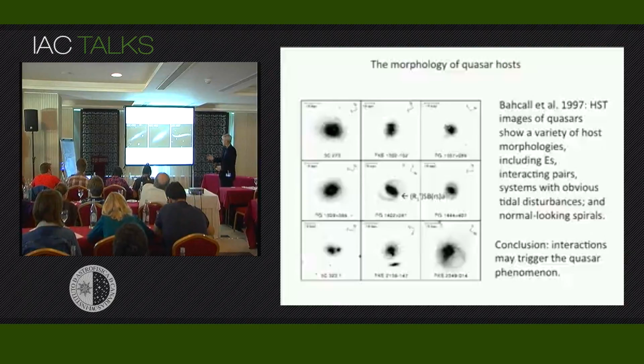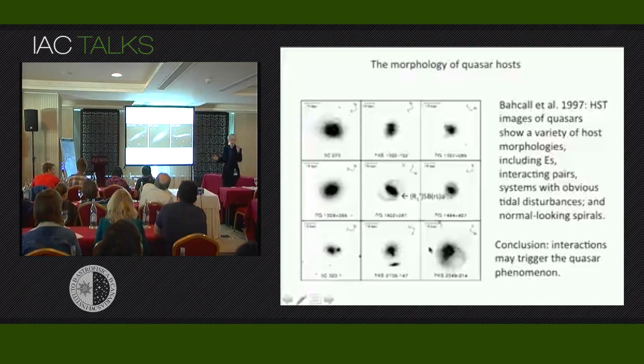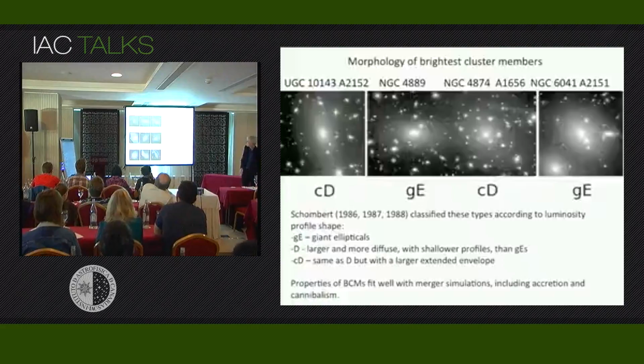It looks normal. I forgot the redshift. I mean, they're not nearby. But you also see evidence of ellipticals, like this one right here, and also evidence of interactions, like that one. And the general conclusion of this paper is that interactions may trigger the quasar phenomenon, but it's really amazing that we can see the quasars quite like this.